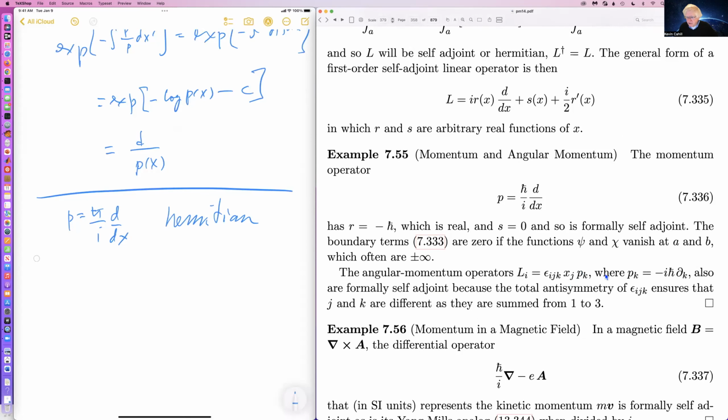The angular momentum operator, of course, is of the form L_i equals epsilon_ijk summed over j and k. In other words, L is equal to x cross p.